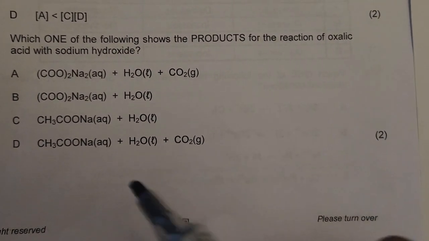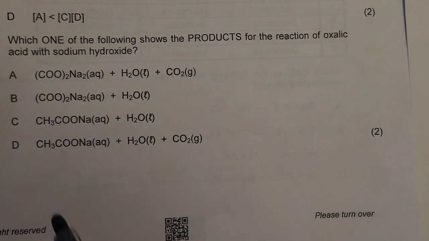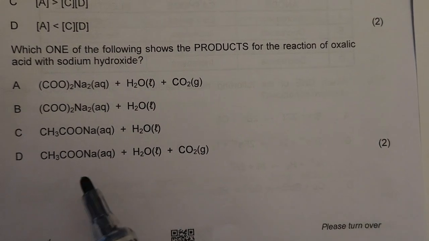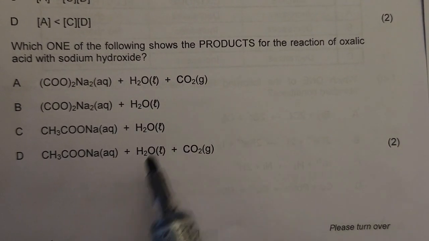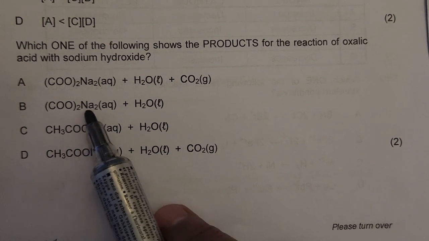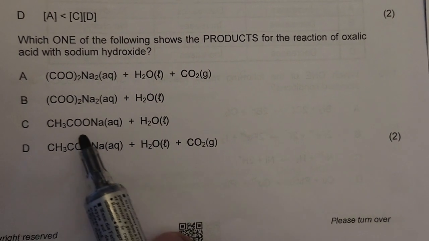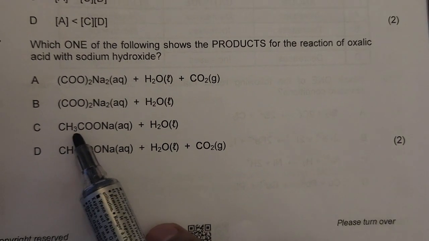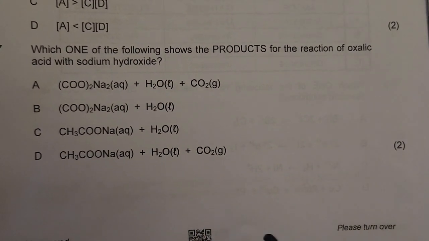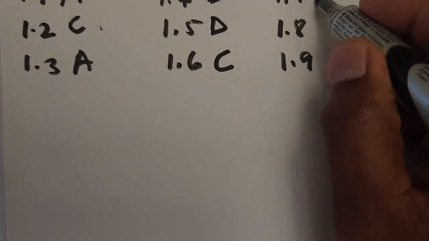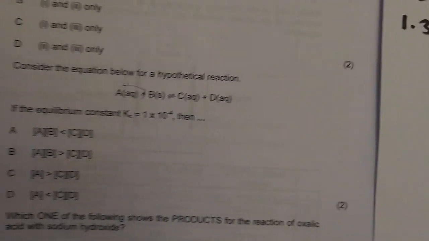The reaction of an acid and a base, you know that one, it will be sodium oxalate and water, salt and water. You can see one is out, it's not a carbonate, and then therefore sodium oxalate, number 2, is the perfect one. The rest are out because this one involves now ethanoic acid, it's no longer oxalic acid. So B will be the perfect one. In this case, number 7B.